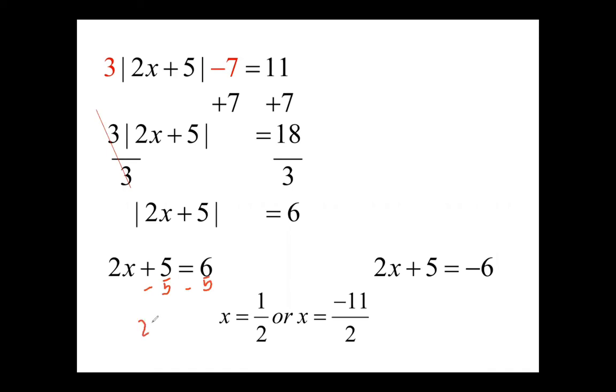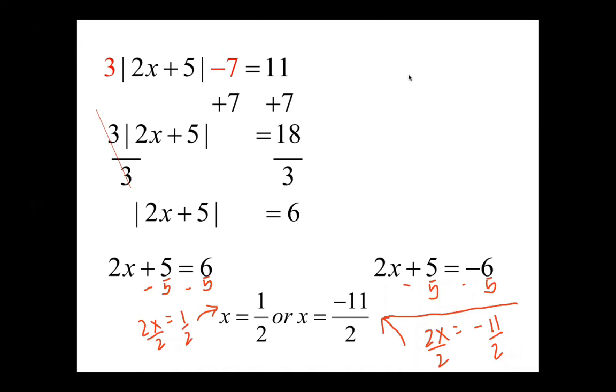That gives you 2x equals 1. Then divide both sides by 2. And that gives you x equals 1/2. Same goes for this equation. You have 2x equals negative 11. Divide both sides by 2. And you're left with x equals negative 11/2.